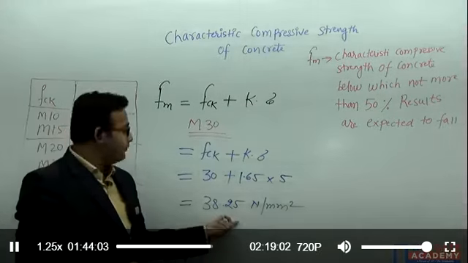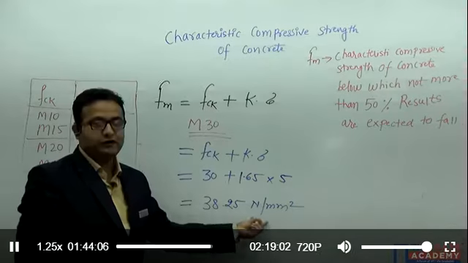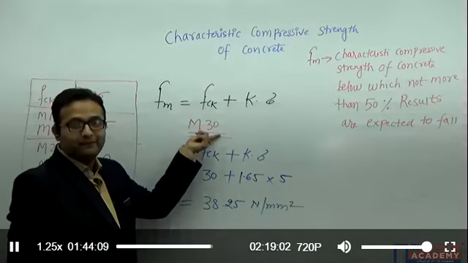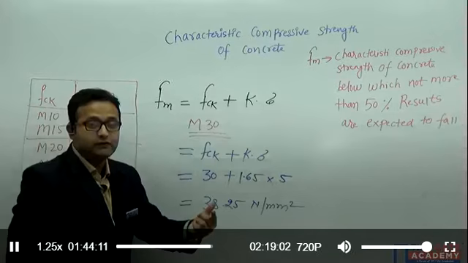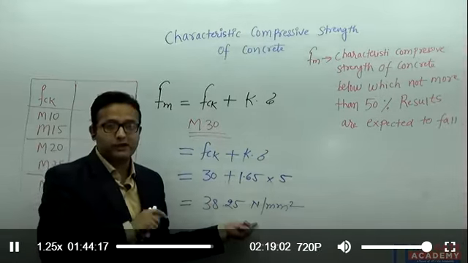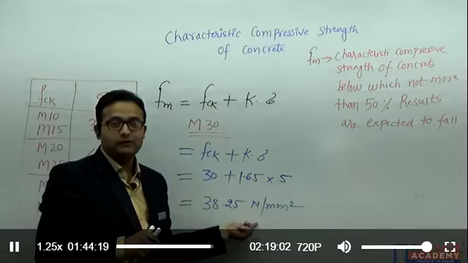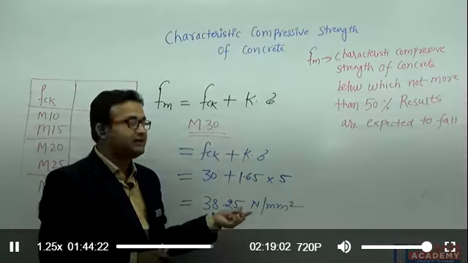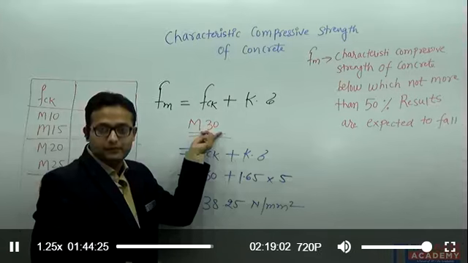Of course, this 38.25 Newton per mm square is greater than 30. So if I try to achieve the target mean strength 38.25, that means all the cubes will definitely be giving strength greater than 30 Newton per mm square.